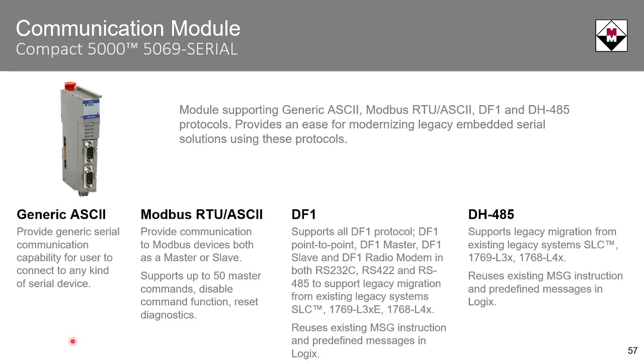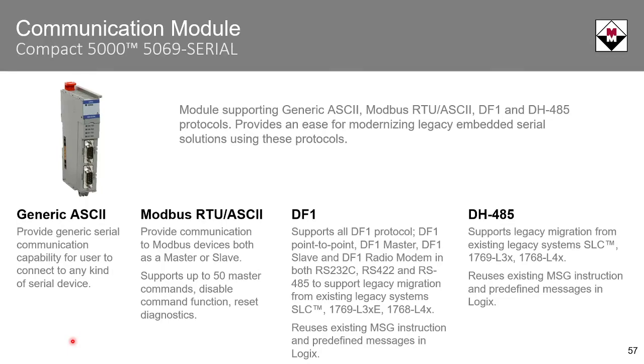This new capability will give users a migration path from older generation CompactLogix controllers, which had built-in serial ports, like the 1769 L35E and the 1768 L45. So now you can migrate to the latest generation 5380 and 5480 CompactLogix controllers.